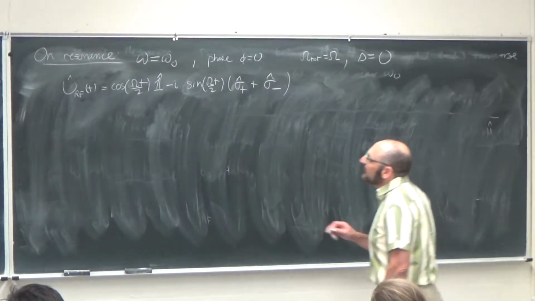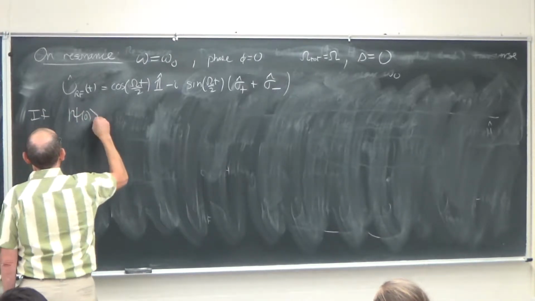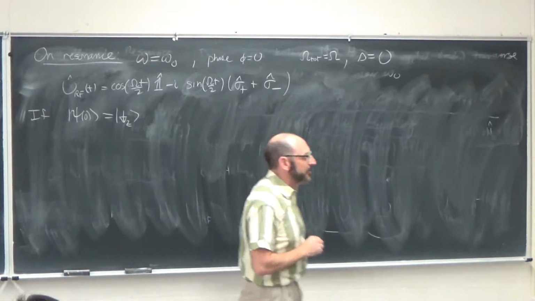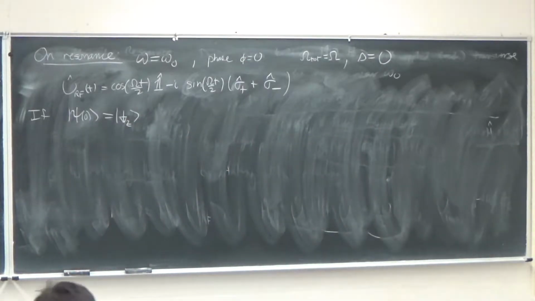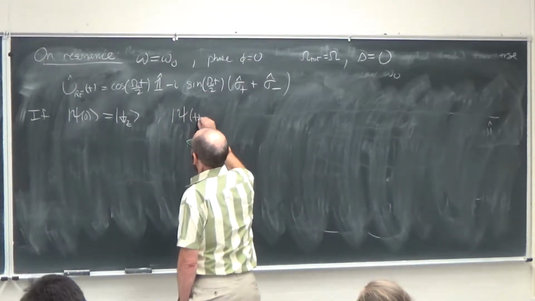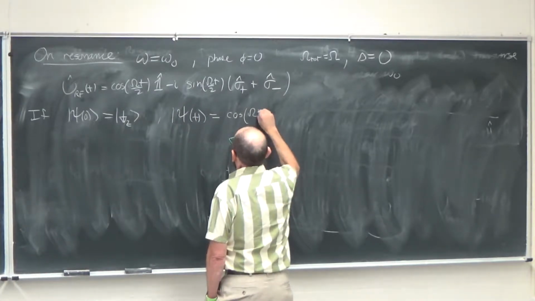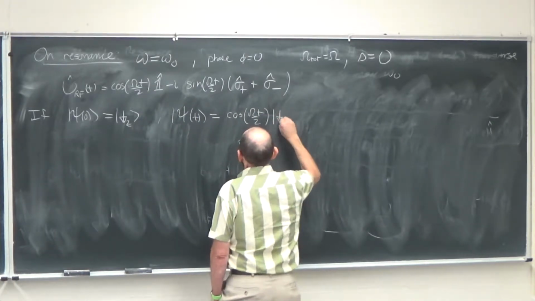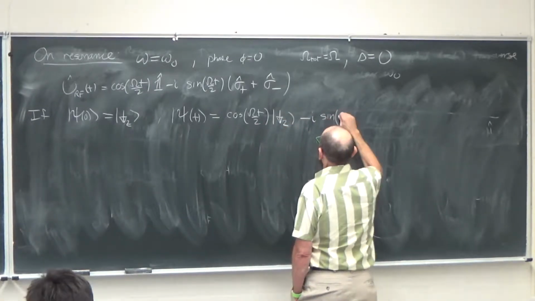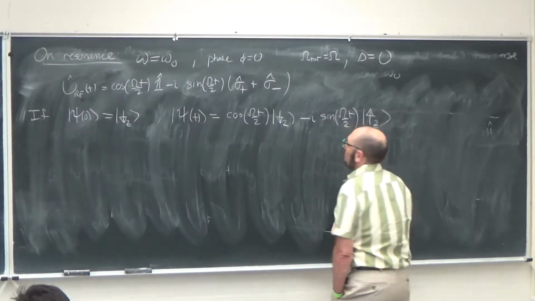So, if at time t equals 0, the spin is spin down along the z axis. That's the ground state in the absence of the perturbation. Then at a later time, the state is equal to cosine minus i sine spin up. Right?